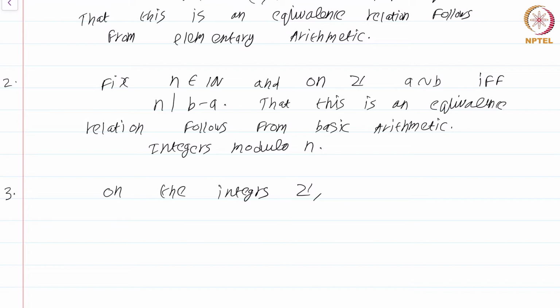On the integers, put a relation R where a is related to b if and only if a is less than or equal to b. Now, this is clearly reflexive because a is less than or equal to a, but it is not symmetric.